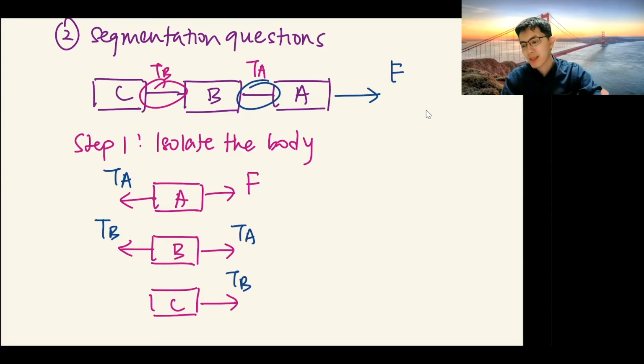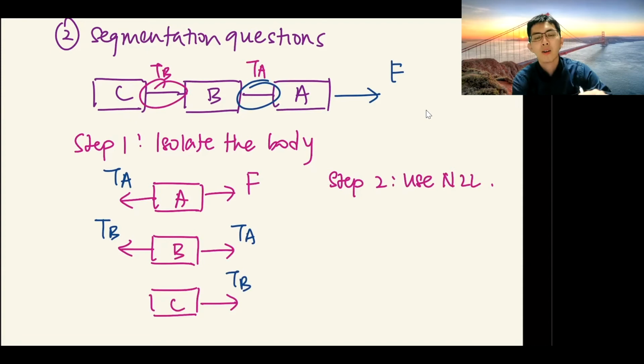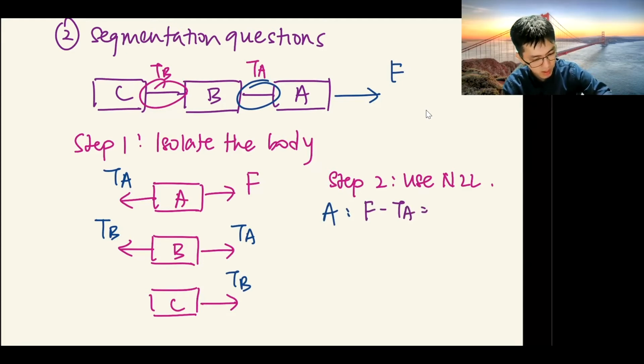Then what do I do with the next step? Step two: use Newton's second law. N2L is basically Newton's second law, so get used to this short form. For the very first one, for part A, front minus back equals mass of A times acceleration.